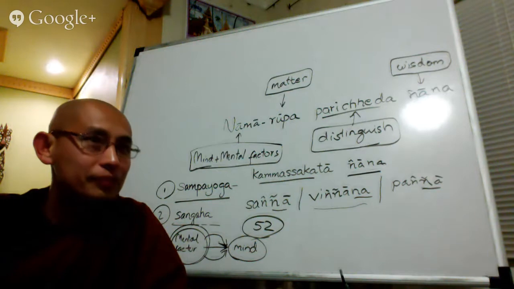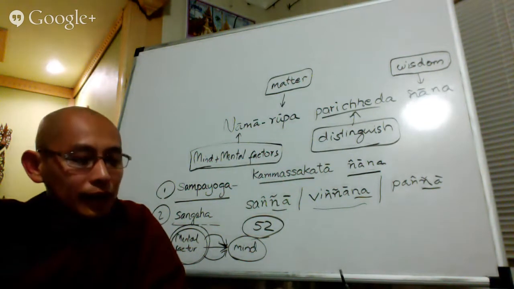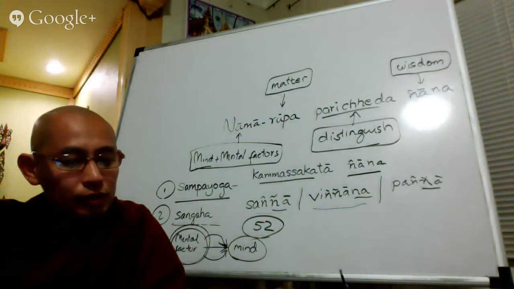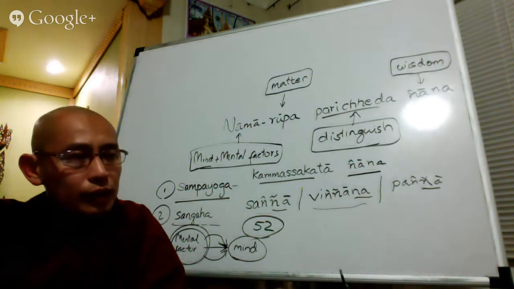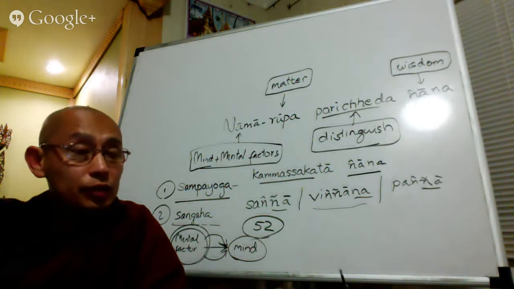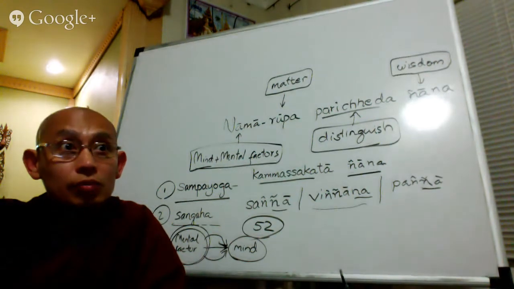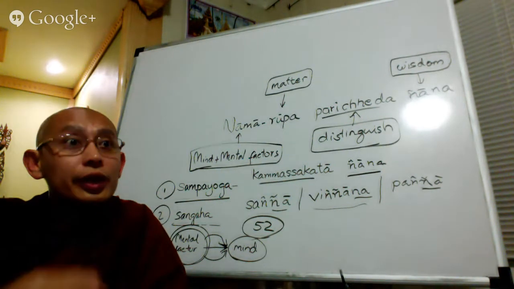Okay? So next one, Kamavacara Chitta, sense sphere consciousness. All 24 sense sphere consciousness, Kamavacara Chitta, are associated with vidya. Because whenever we perform wholesomeness, we need vidya.